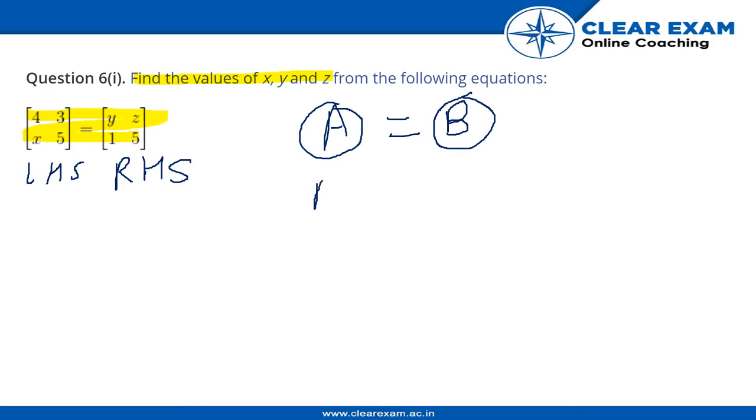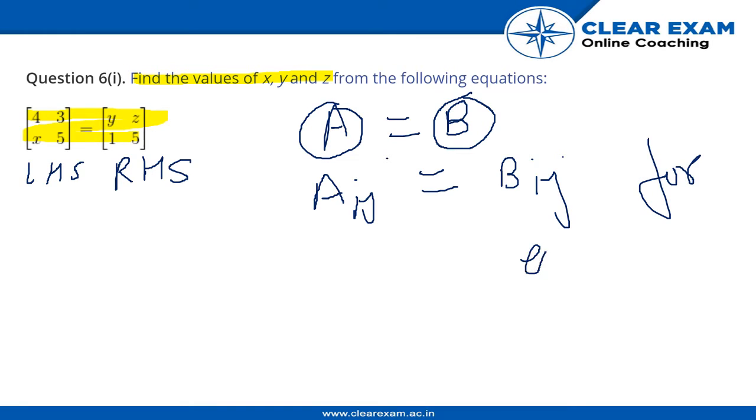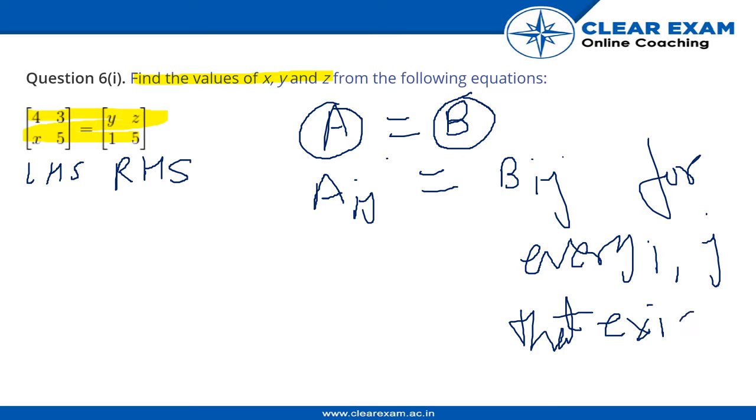I mean, Aij should be equal to Bij for every i, j that exists. Of course, the order of the matrices should be equal.